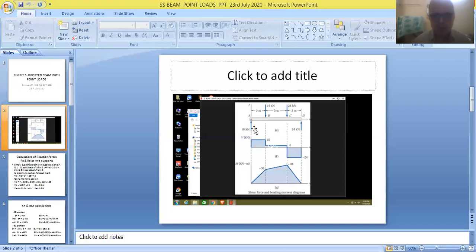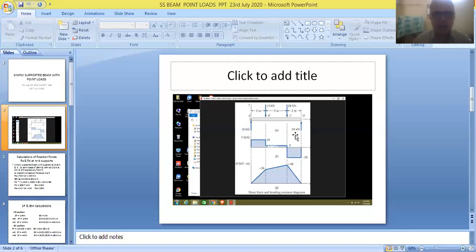So we want to know the distance between the two ends of the beam. That is not directly given in the problem, but the individual distances are given. You add up all these values and you get the total length of the beam, which comes to 7 meters. This is called the total length of the beam, also the span of the beam.